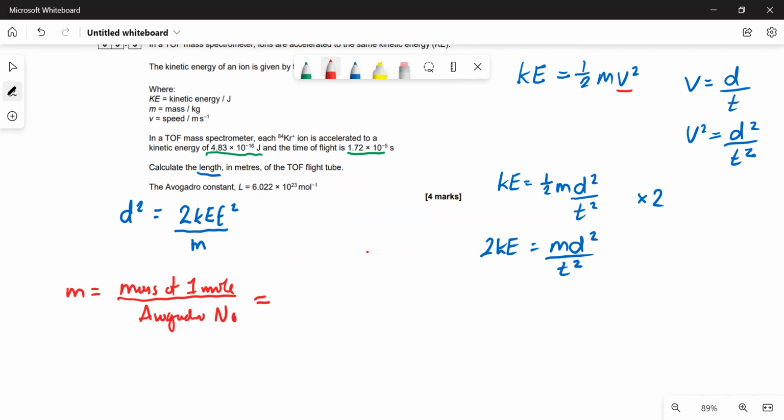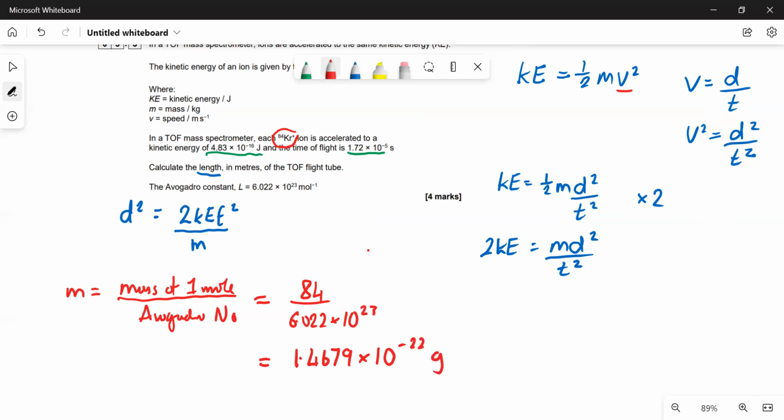Now the number we've got in here is 84, so that's 84 divided by 6.022 times 10 to the 23. And that gives us 1.4679 times 10 to the minus 22 grams.